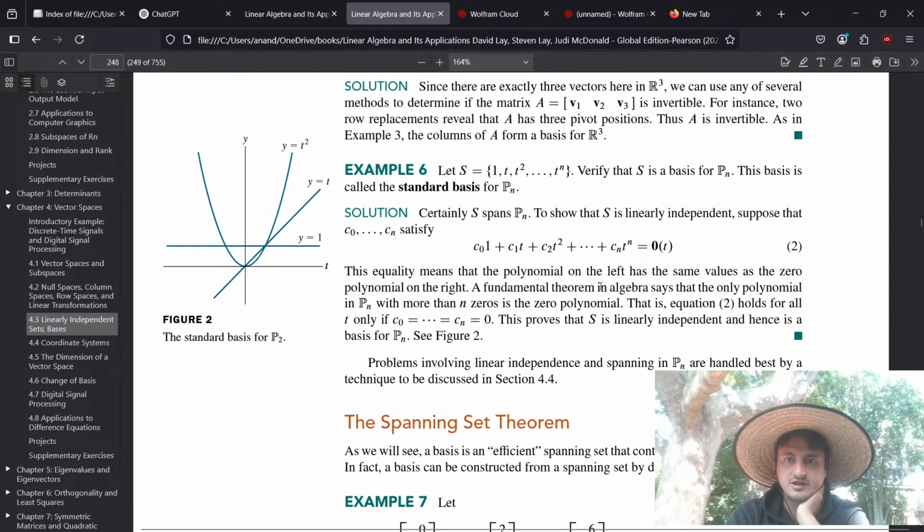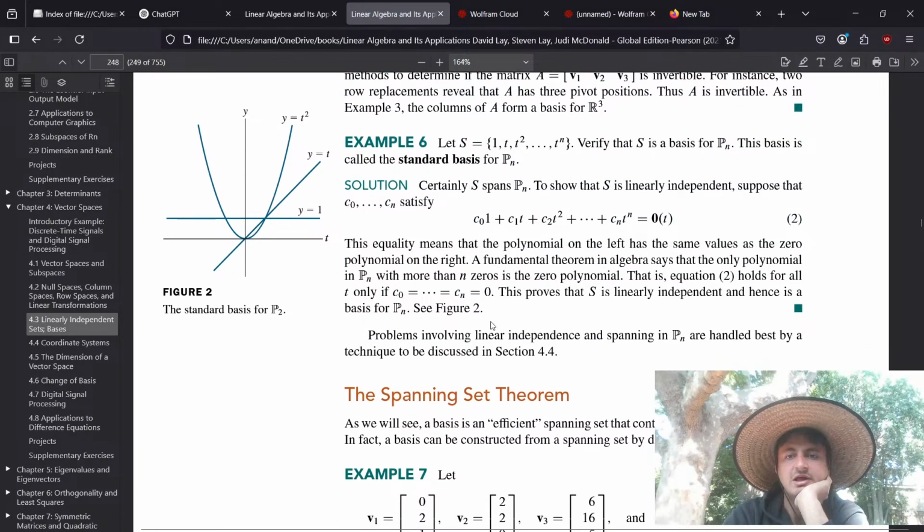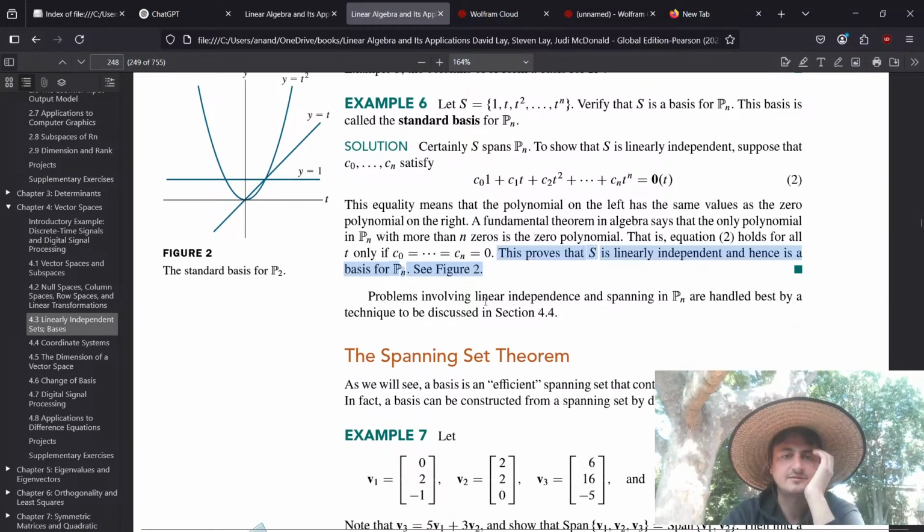A fundamental theorem in algebra says that the only polynomial in Pn with more than n zeros is the zero polynomial. That is, the equation holds for all t only if the constants are all zero. This proves that S is linearly independent and hence is a basis for Pn. Okay.